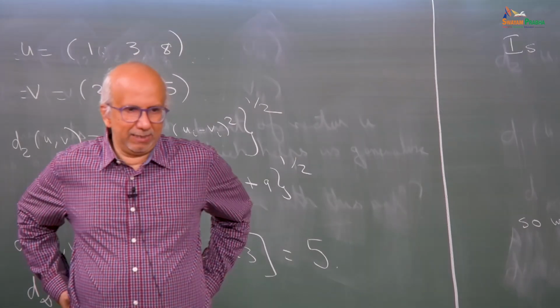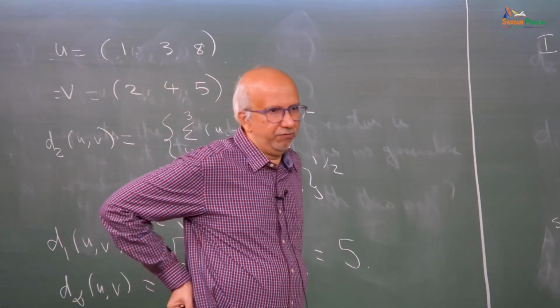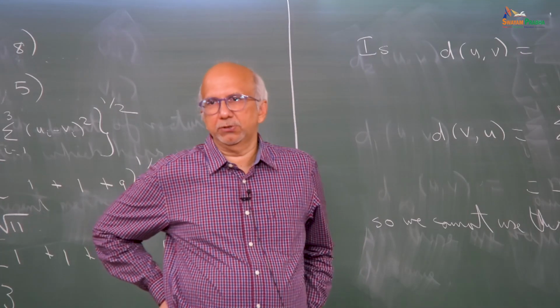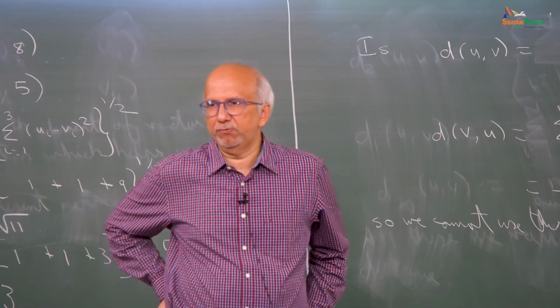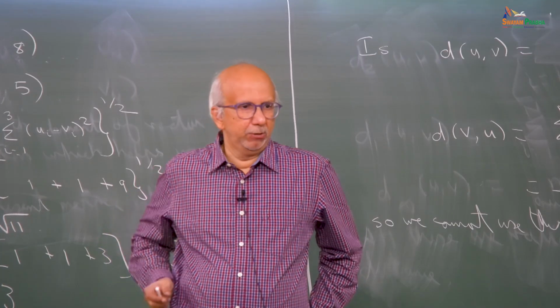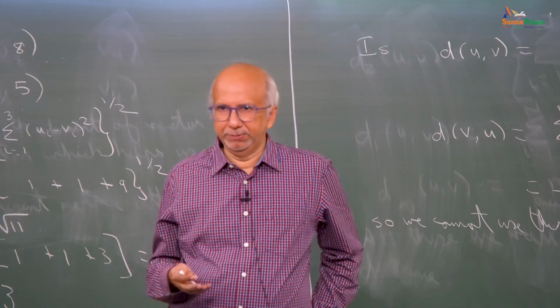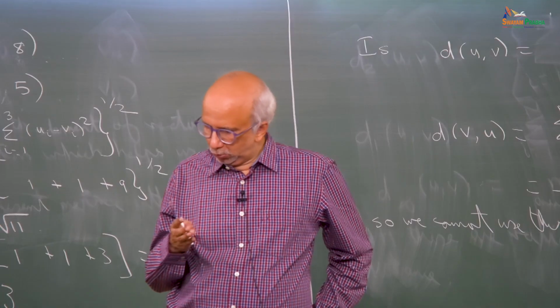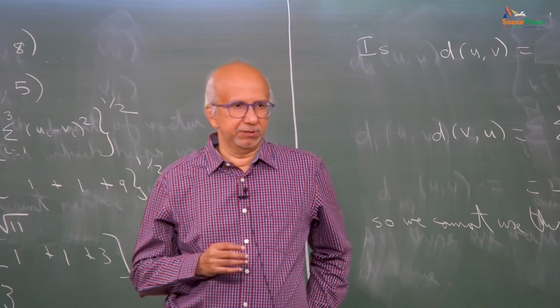Now, where exactly will this business of metric be used? Supposing you are solving some system of nonlinear equations, you will solve it by some iterative method, and when do you know that this iterative method has converged?